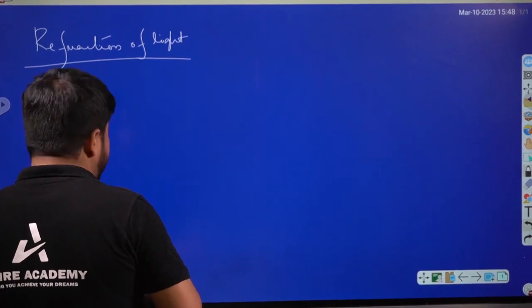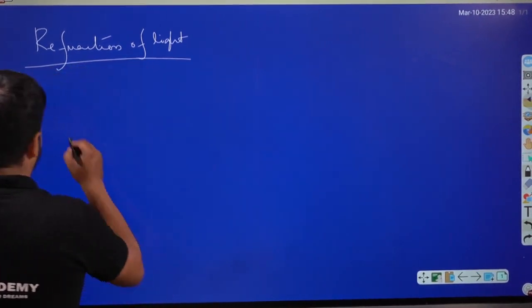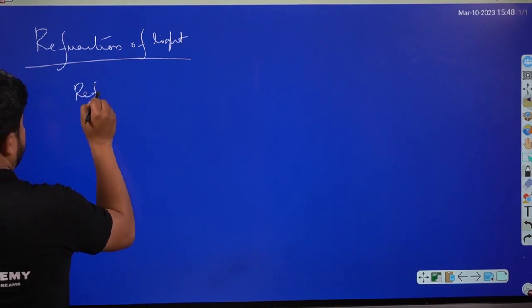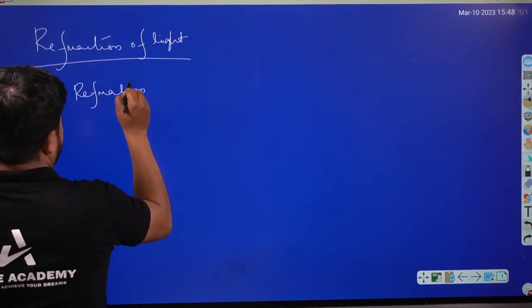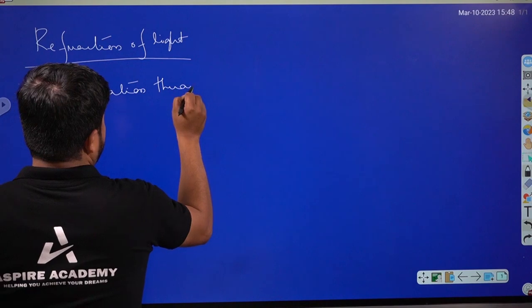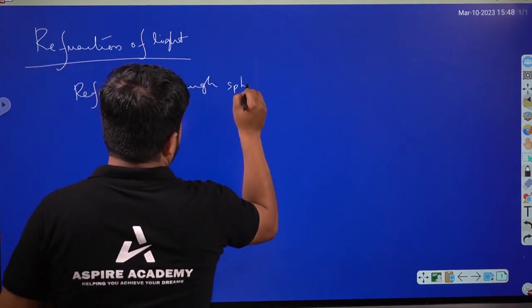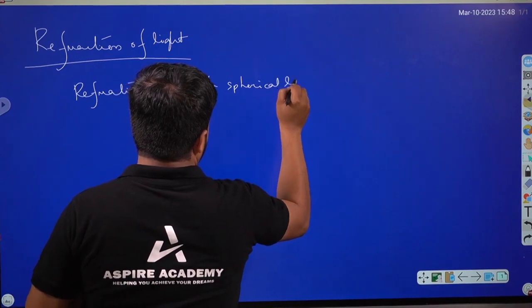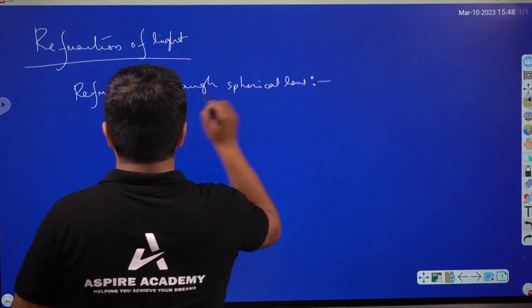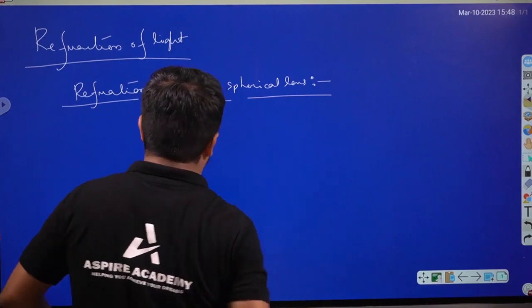So, refraction through spherical lens. What is refraction through a spherical lens?